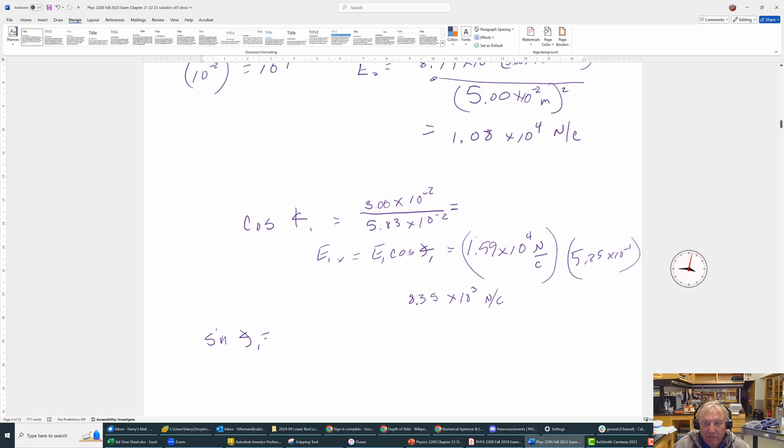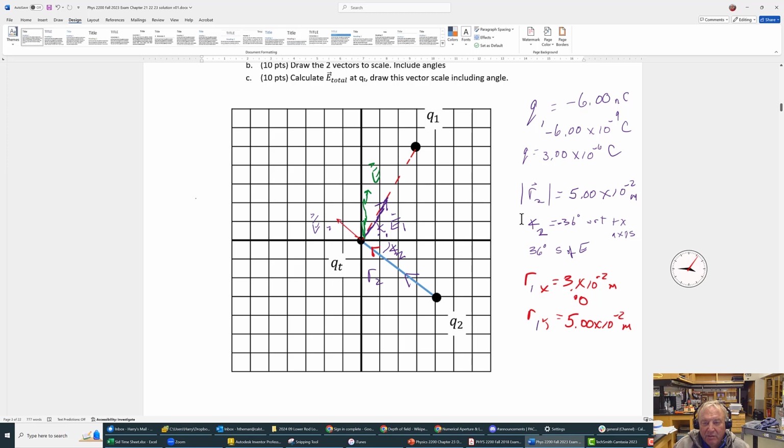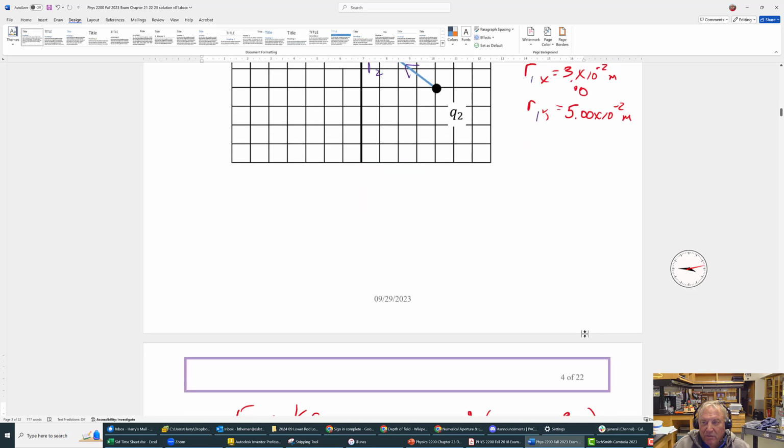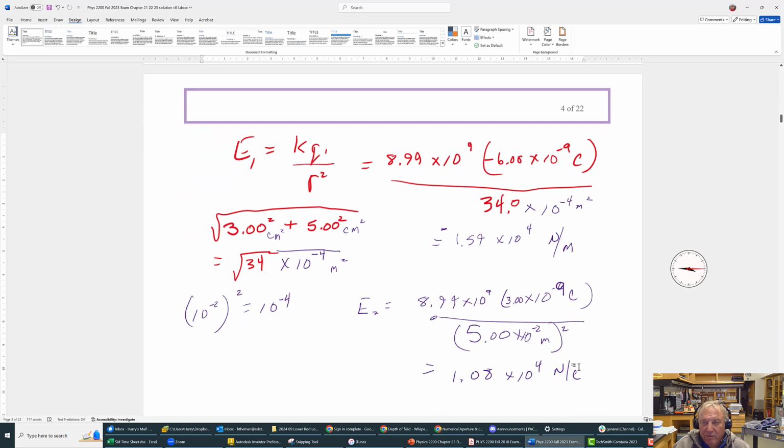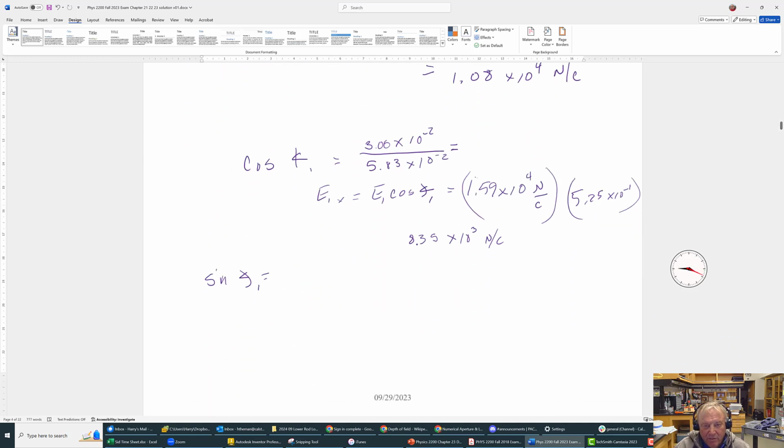And the opposite in this case is the y value. So it's 5 times 10 to the minus 2. Now, why am I doing that? Oh yeah, 5 times 10 to the minus 2 divided by 5.83.